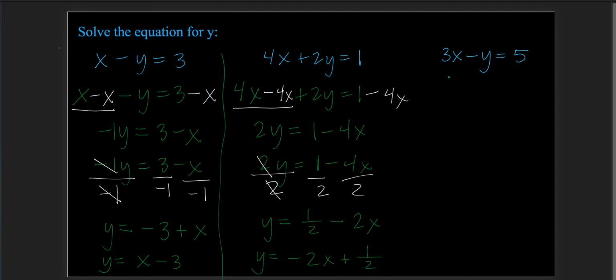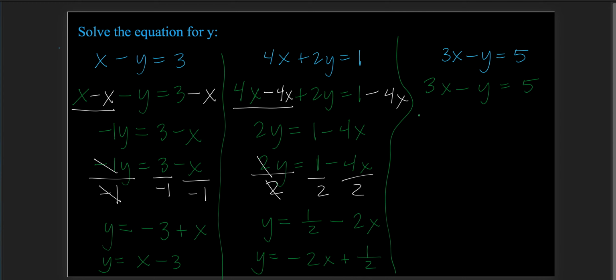Now for the last one, we have 3x minus y equals 5. So there's a 3x and really this negative 1, because y has got to be positive. We're solving the equation for y, not negative y. So 3x minus y equals 5.